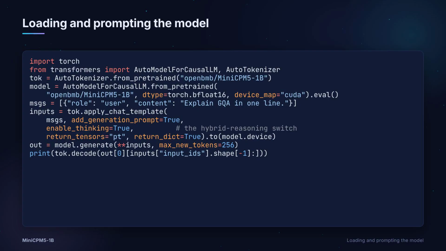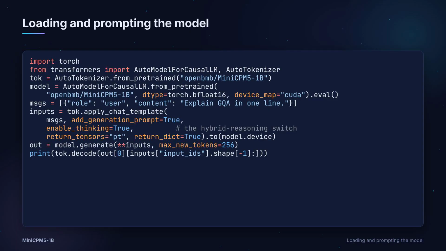Here is the canonical loading pattern, and it's worth reading closely because every use case builds on it. We load the tokenizer and the model from the cached checkpoint, asking for bfloat16 precision and placing it on the CUDA device. We then build a chat message list and pass it through the tokenizer's apply_chat_template method. Two details matter for Transformers version 5.